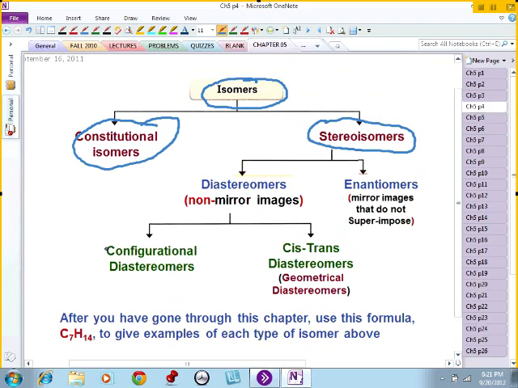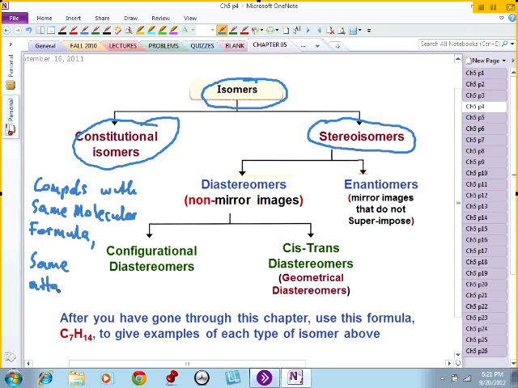Now, stereoisomers are compounds with the same molecular formula, same attachment of atoms, or same arrangement of atoms, but different orientation of the atoms in space.